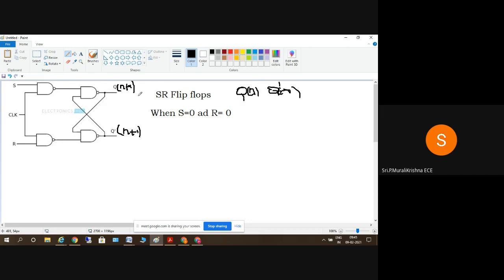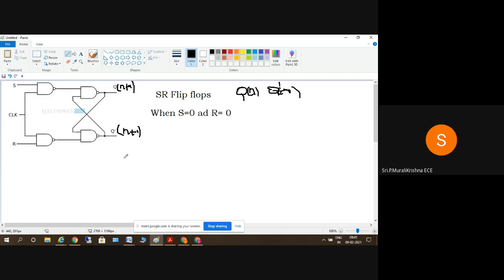When you are doing the analysis part, don't simply say yes or no. Just understand these concepts, Q of n plus 1 and Q bar of n plus 1. You don't find this analysis part in your textbook in a better way, so you have to see the analysis part here.